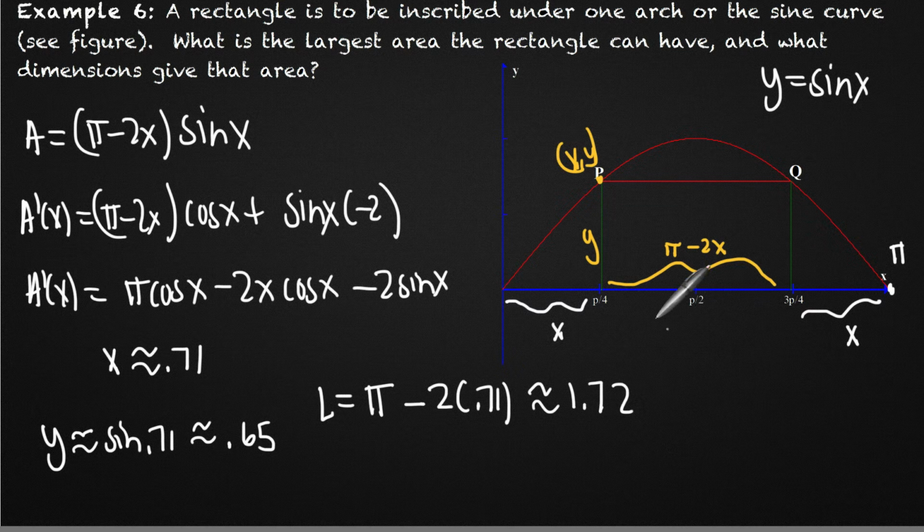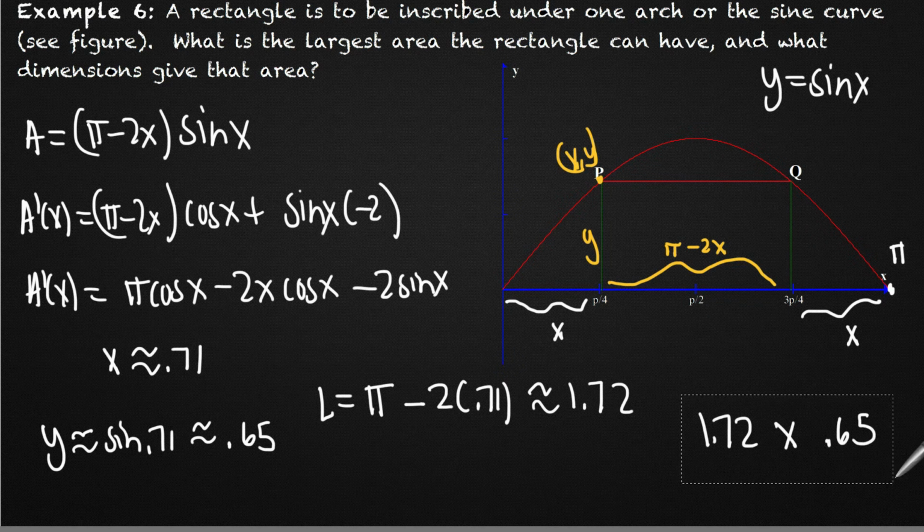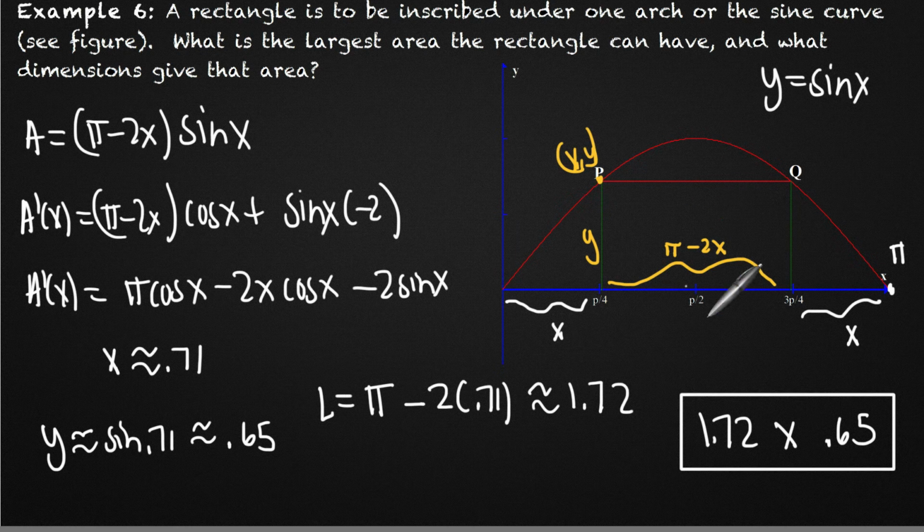So this is going to be a 1.72 by 0.65 rectangle. And that's going to give us the dimensions of the largest rectangle that we can fit under one arc of the sine curve.